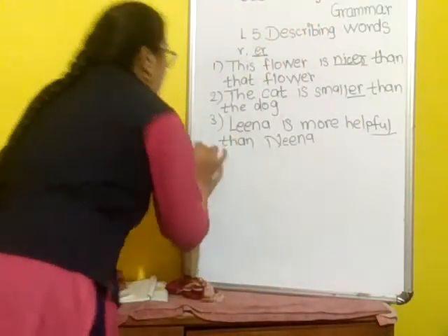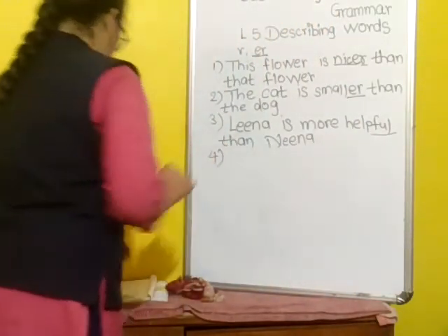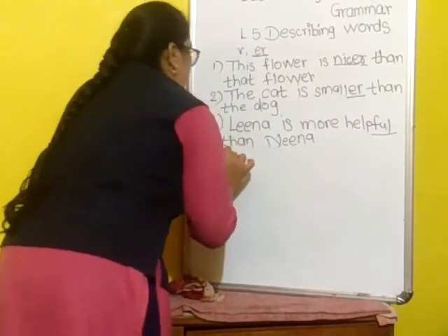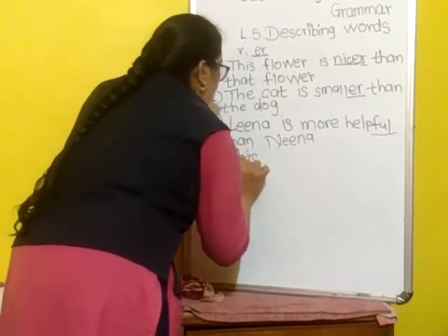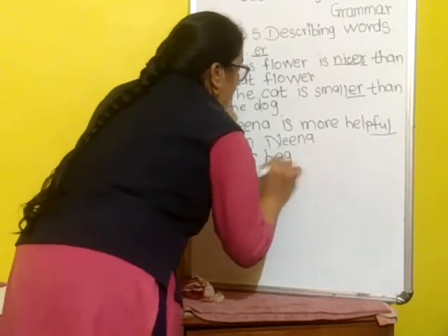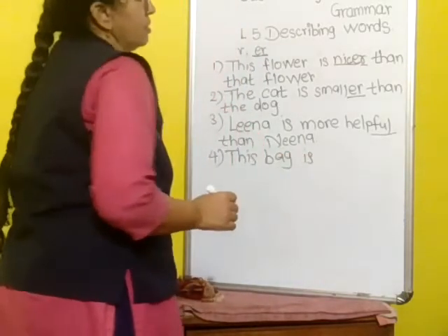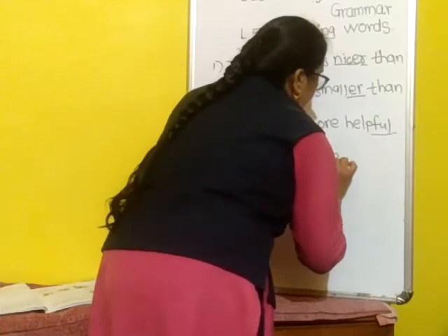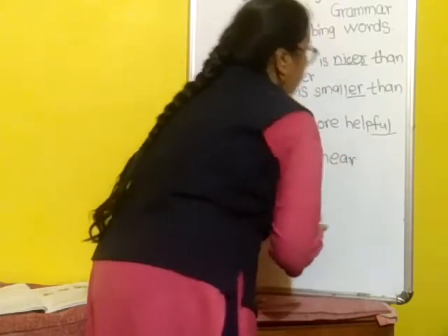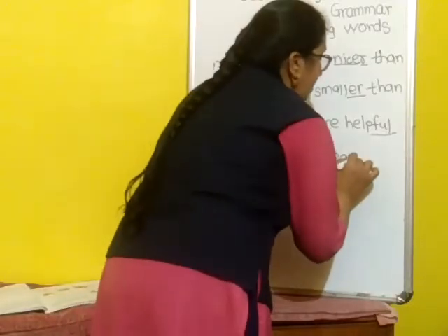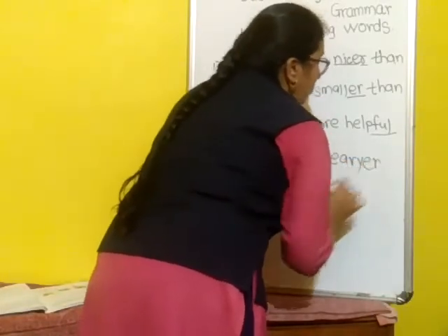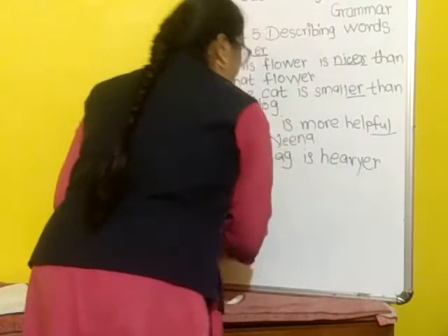In the same way, this bag is heavier. If I would like to take the word heavy, how can I say that? Heavier. I can't say heavyer. What do you have to do?